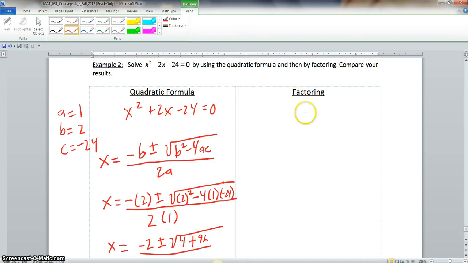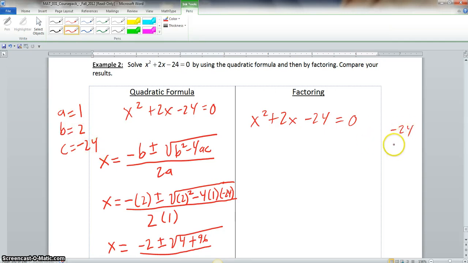Okay, now for the factoring side, we have x squared plus 2x minus 24 equals 0. Now we know we have our a, b, and c here. Let's go back over factoring this. Okay, first we'll do our a times c. 1 times negative 24, we know it's negative 24.